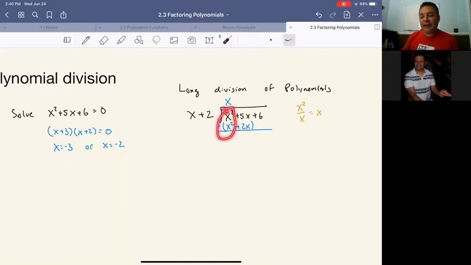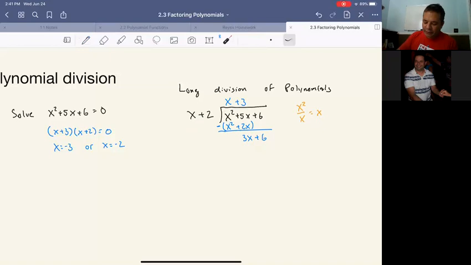These x squareds cancel. The whole point is that that x squared term should cancel. Otherwise, you're not going to get the right thing. Okay. 5x minus 2x is going to be 3x plus 6. 3x divided by x is going to be plus 3.